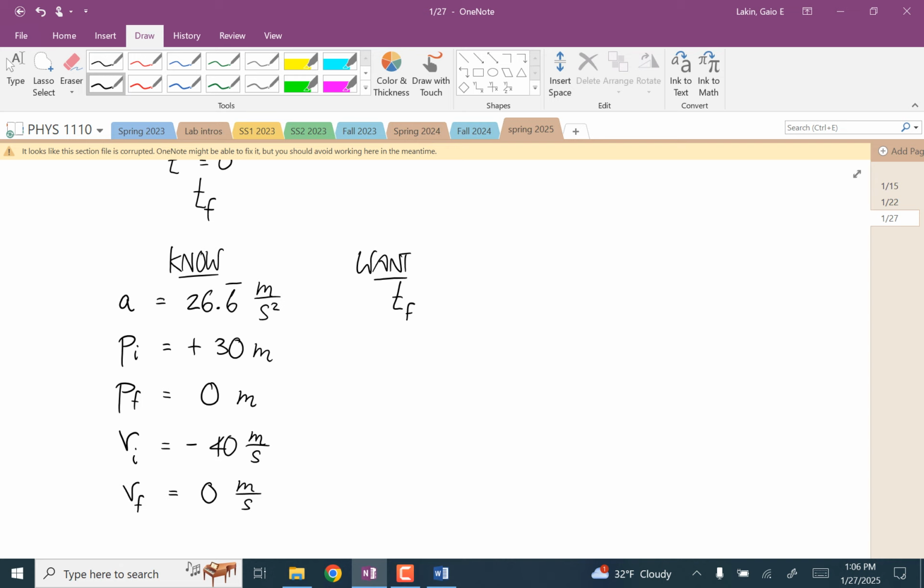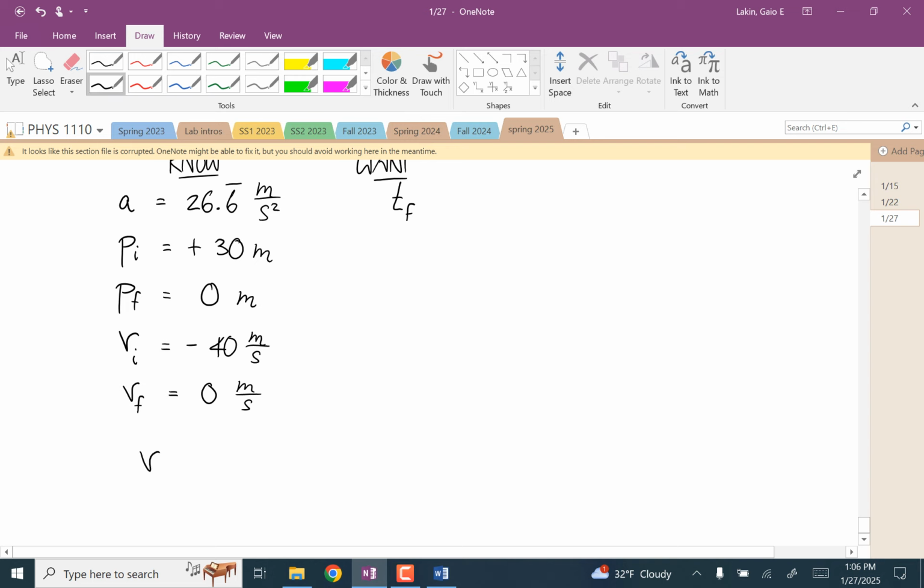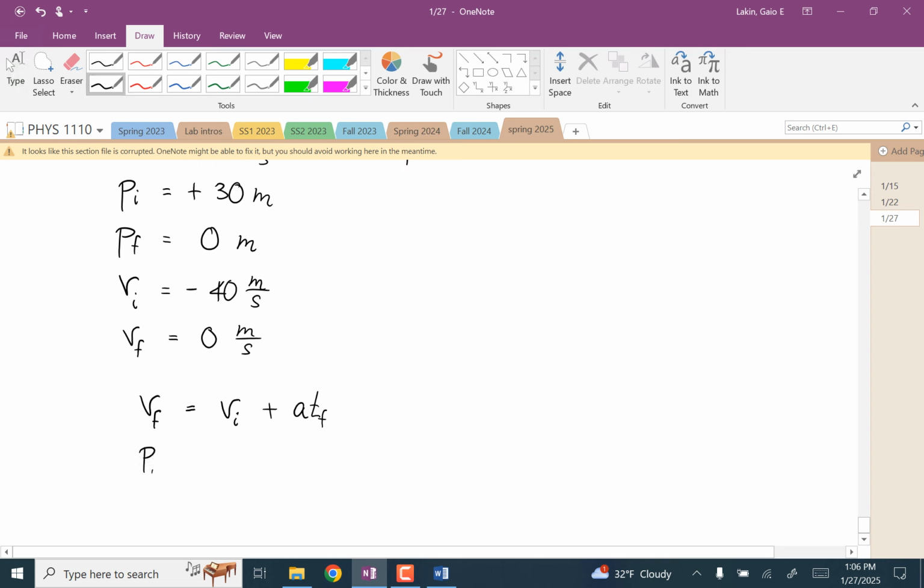And in this case, there are actually 2 equations that would work to let us calculate T final. So let's look at these 2 that'll work. We know we need to have an equation with T final in it, so the third one won't work for this, but this one will. And this one will too.